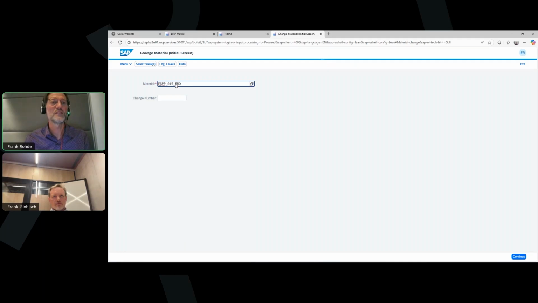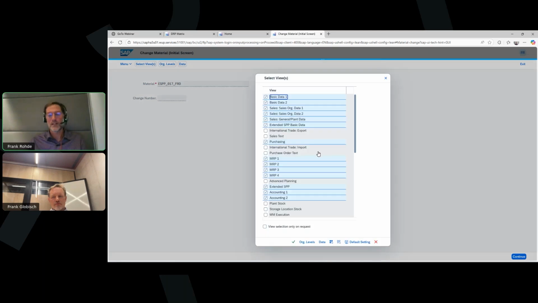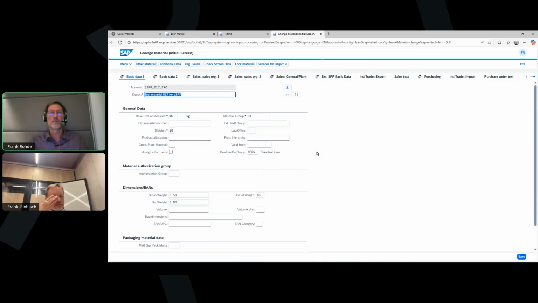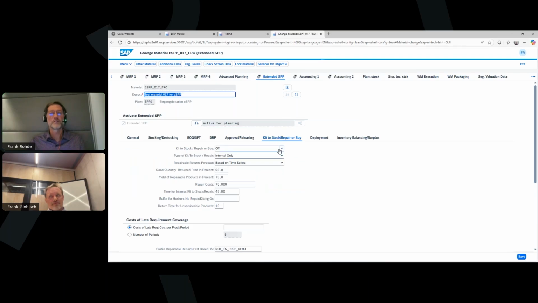And we tell the system, well, yes, now we want to start a repair cycle for this product. And we simply go into the system and tell the system that we are going to switch on the repair cycle for it.